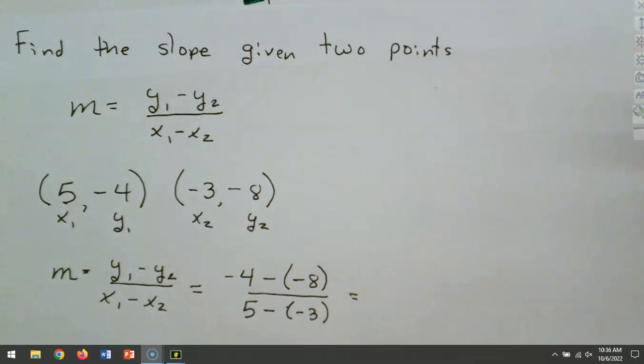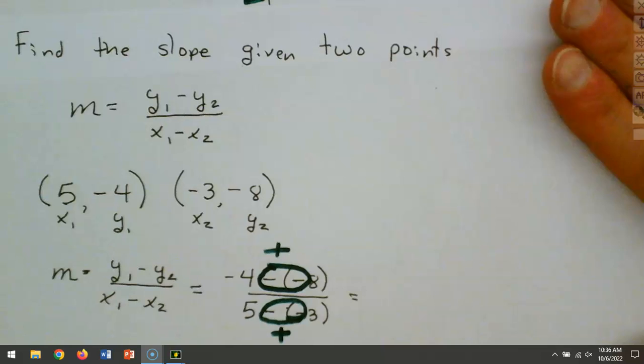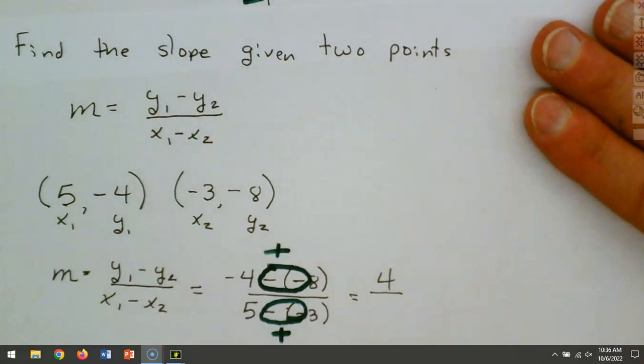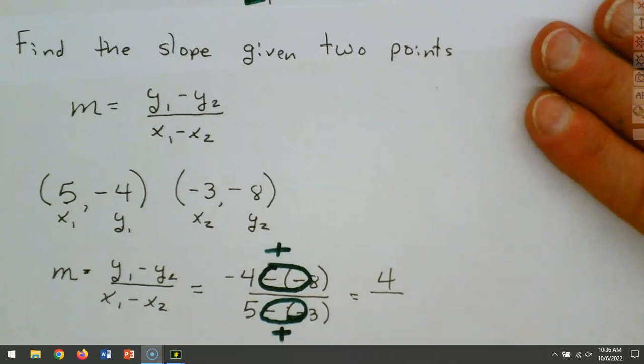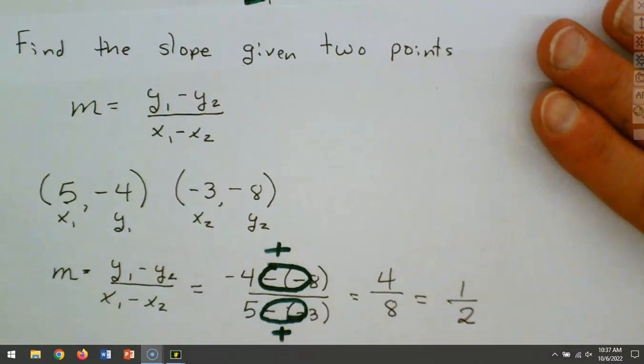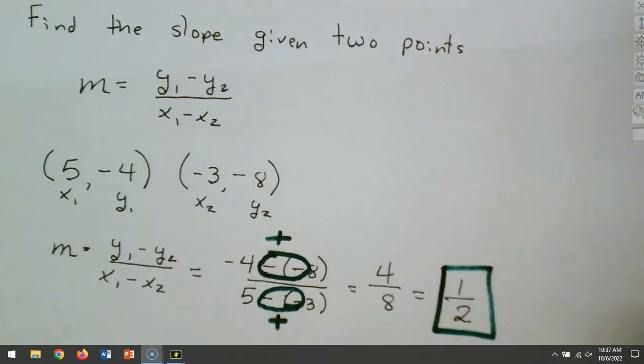We know the double negatives again are going to make those now positive, right? And let's see what we get. Minus 4 plus 8, that leaves you with a 4. And 5 plus 3 makes it an 8. We want to reduce this down. So that then reduces down to a slope of 1/2.